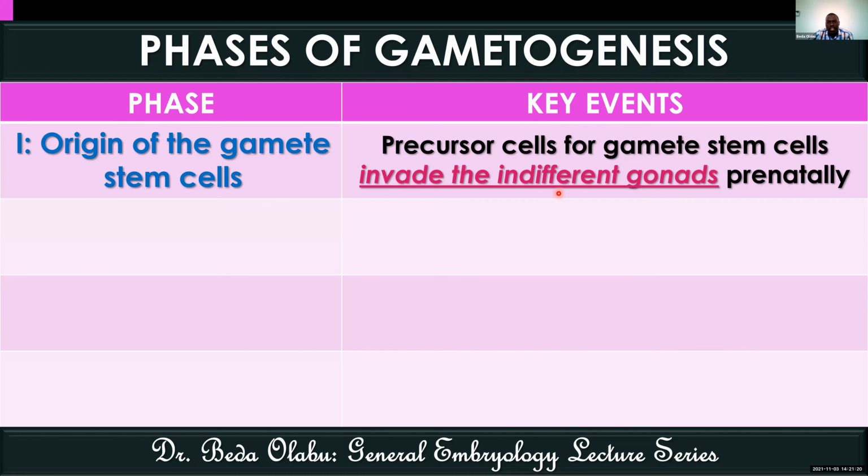So what is this indifferent gonad? Understand it this way. When a baby is in the mother's womb, there's a time of development when we don't know whether this baby will be a girl or a boy, at least by the anatomic structures.